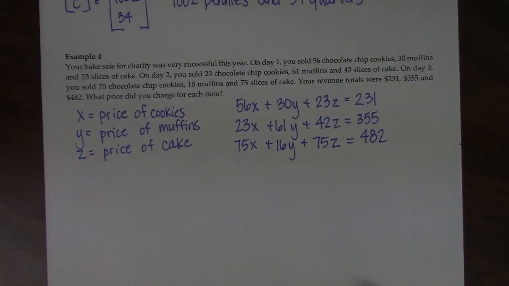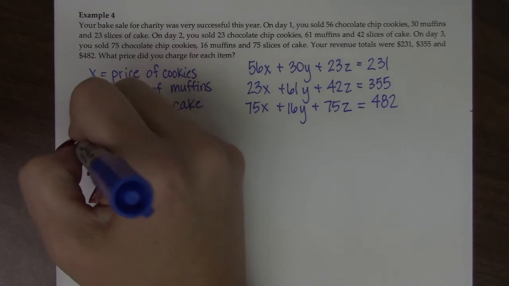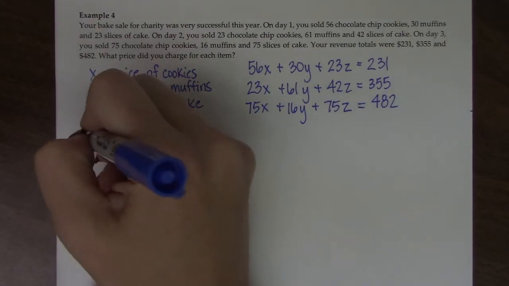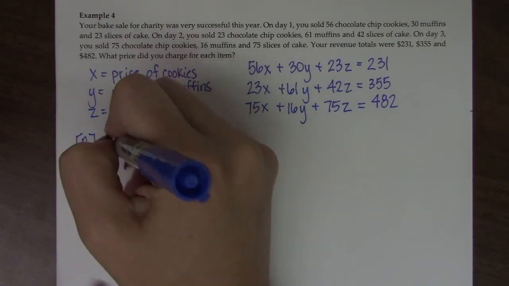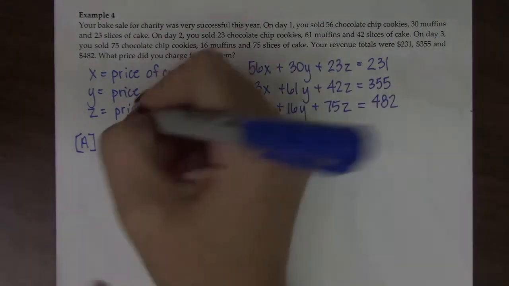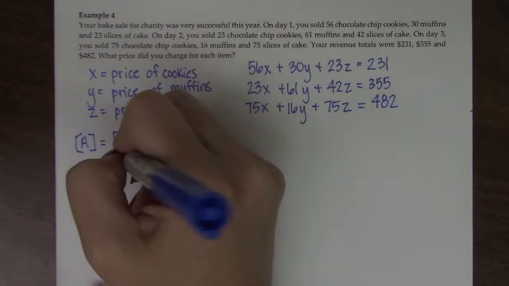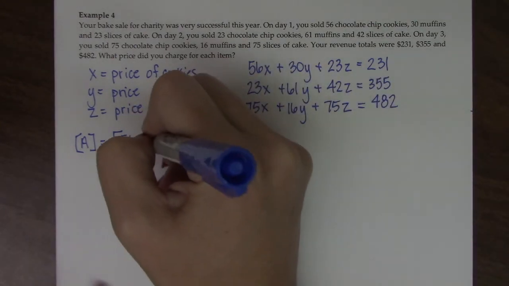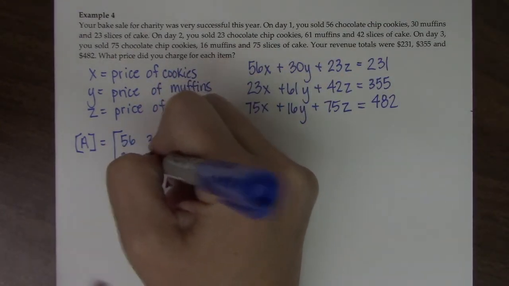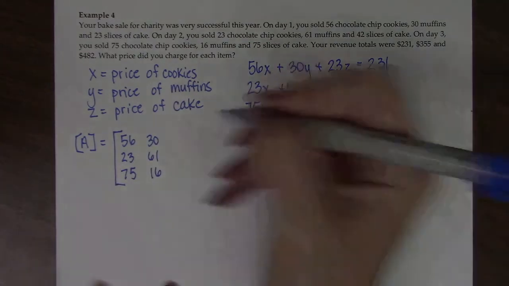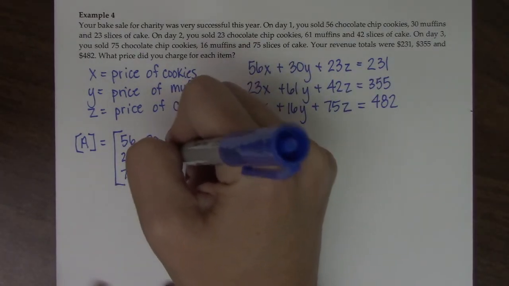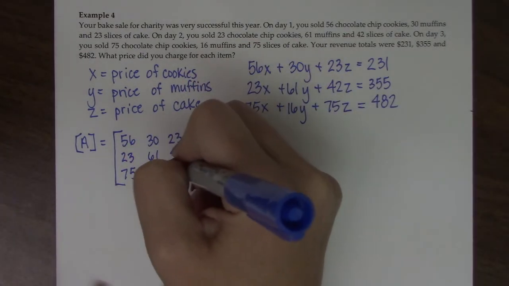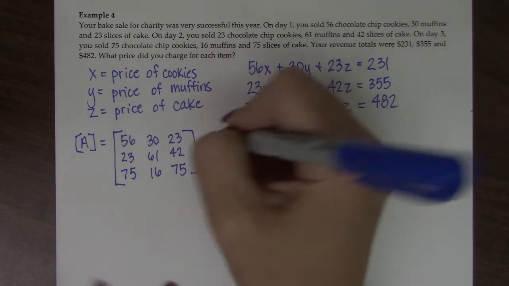$482. So that means our coefficient matrix A is going to be a 3 by 3, and it's 56, 23, 75, 30, 61, 16, 23, 42, 75.